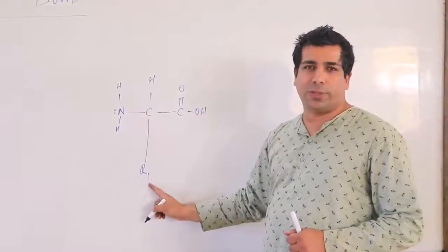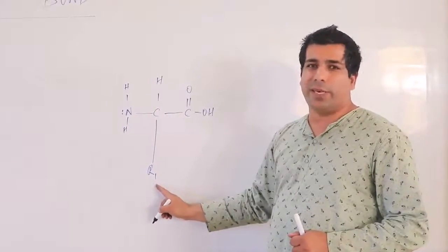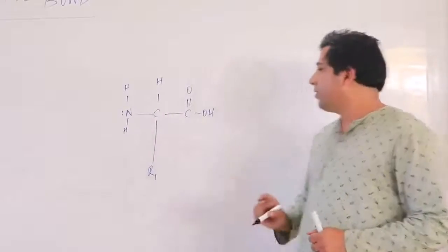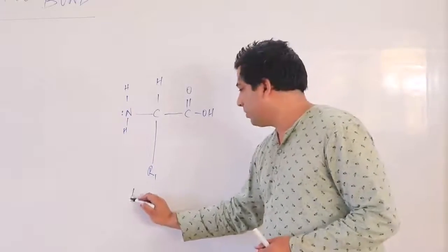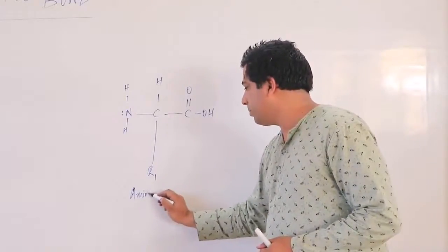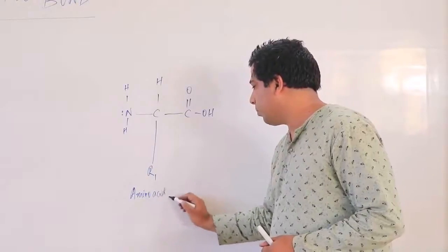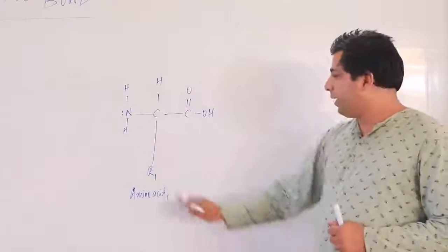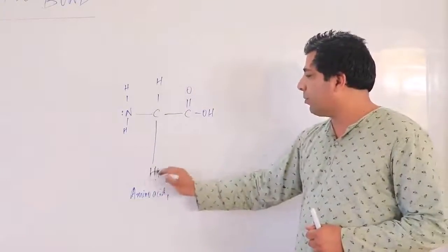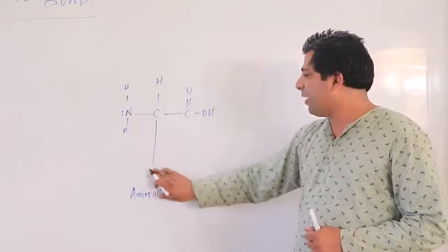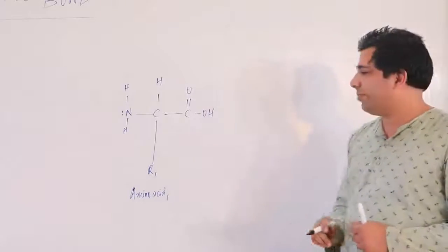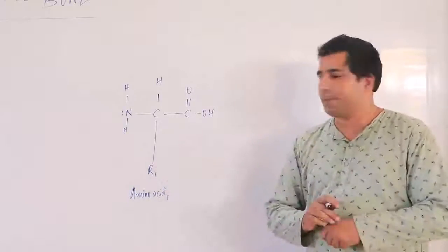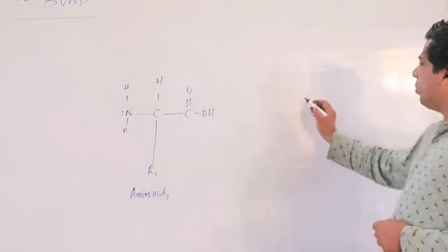There are 20 R groups, which is why there are 20 different amino acids. This is a side chain, correct? Let me call it amino acid 1. If I replace this R group by hydrogen, it will become glycine, but I am not doing that. I am just writing a general amino acid right out here. Let's suppose R1 is the side chain. Let me take one more amino acid here.